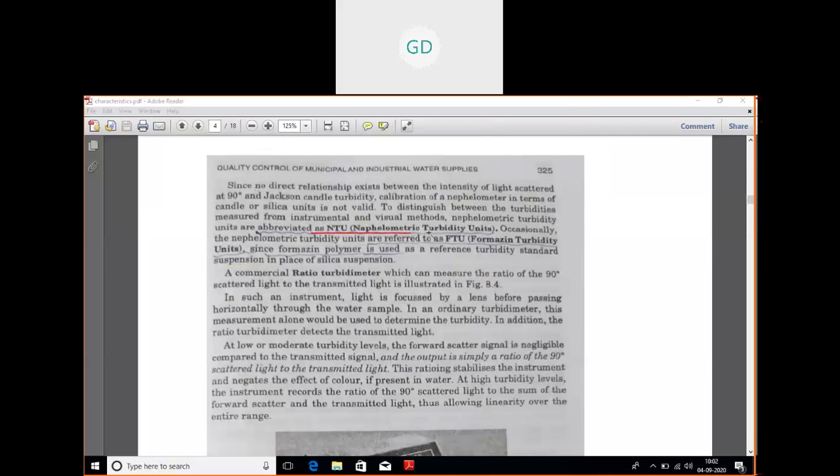NTU, or you can write it down, nephelometric turbidity units. Please write it down. NTU, nephelometric turbidity units.